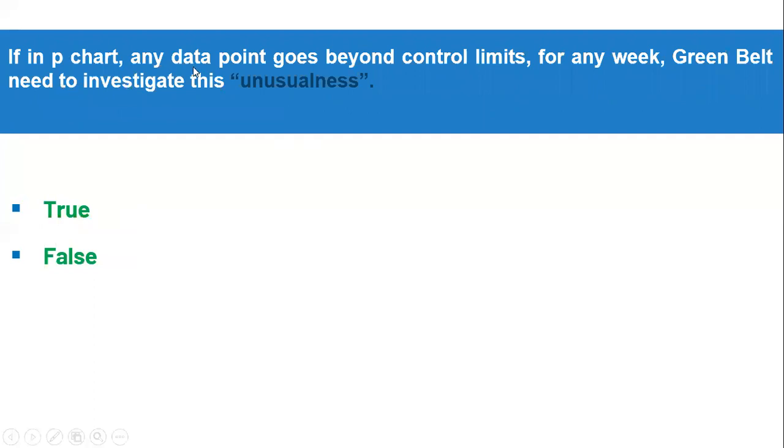If in a P chart any data point goes beyond control limits for any week, the Greenbelt needs to investigate this unusualness in contingency management. True or false? The answer is true.